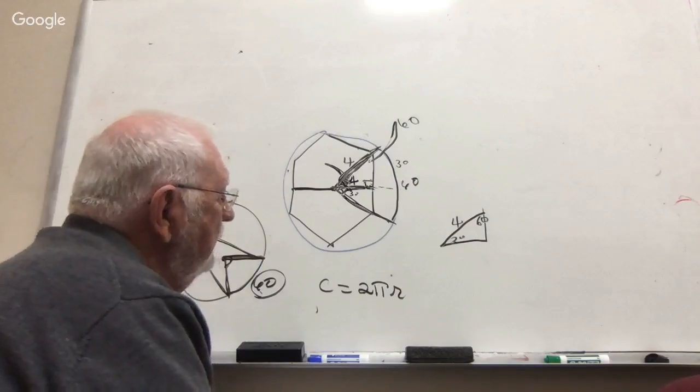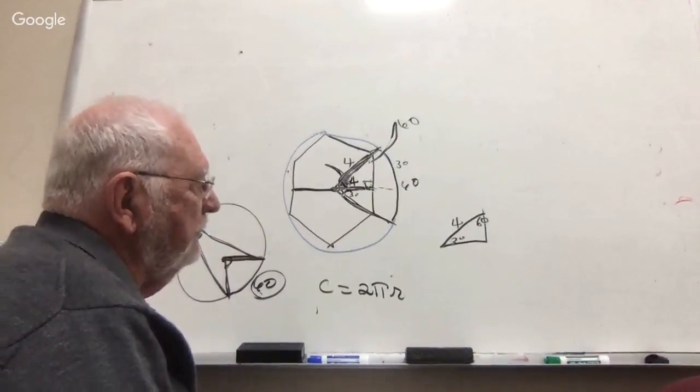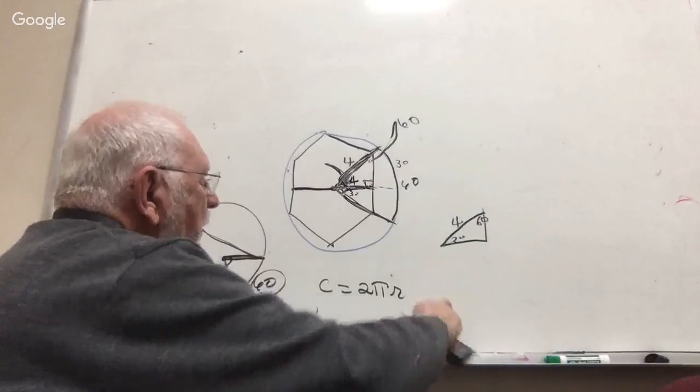Well, I mean, we could use SOHCAHTOA in this. You want to do that? We could do that. Well, that's the way that I would go about it because I don't know the route that you're going. So if you want to explain your route. Okay.